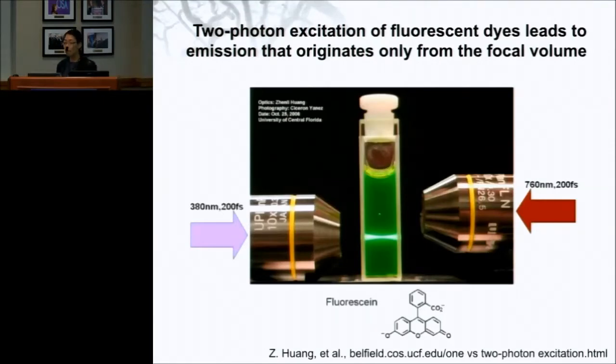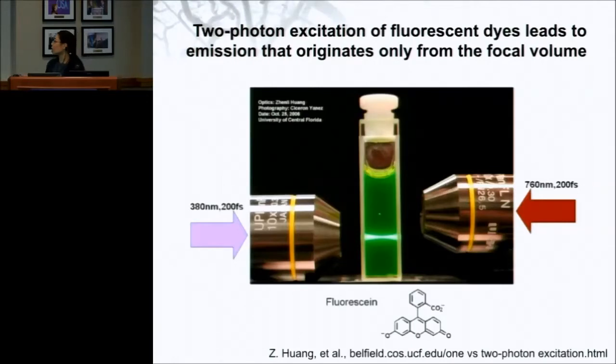With this high pulse laser, you can arrange it so all of the photons from this laser beam on this side get focused down to one spot. Because we need a lot of these photons to interact all at once, you can limit where any of these interactions happen to just one spot. In this case, you're just seeing a little bit of fluorescence right there from the dye, right at the focus of this laser.